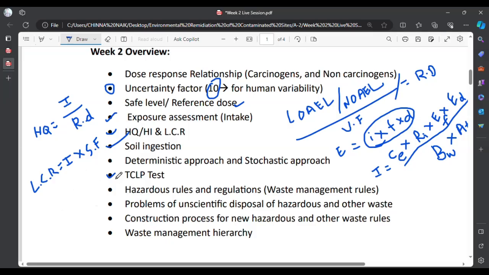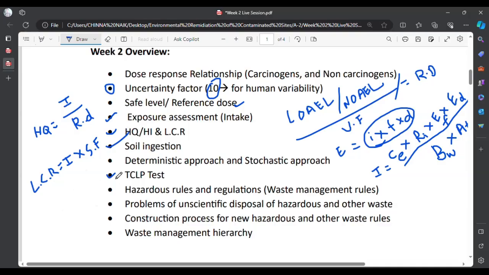For the TCLP test, if the particle size of the soil is greater than 9 mm, then we have to crush the soil particles to less than 9 mm, and then maintain the equilibrium condition with acetic acid, because acetic acid is expected to form in anaerobic conditions in municipal solid waste.